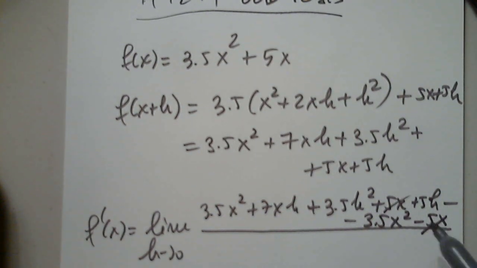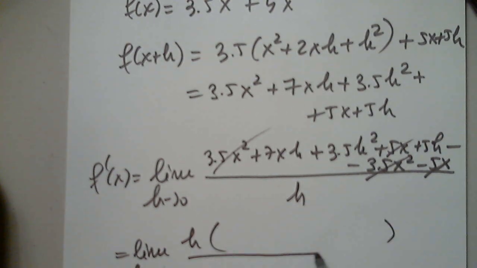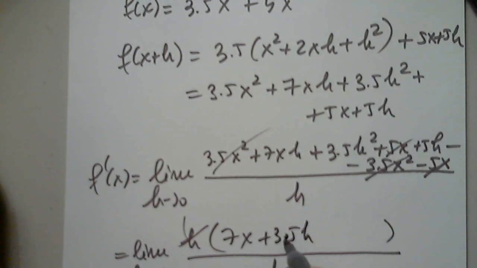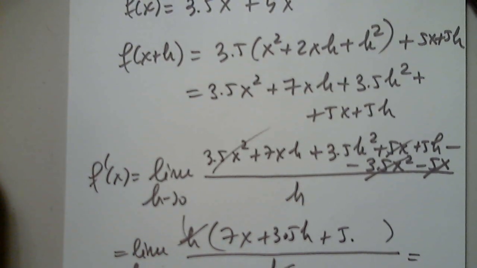So these two go away, these two go away, divided by h. So limit as h approaches 0. H has to be in common from the others because I have to simplify it. So I have 7x plus 3.5h plus 5. So now when h approaches 0, I get 7x plus 5.